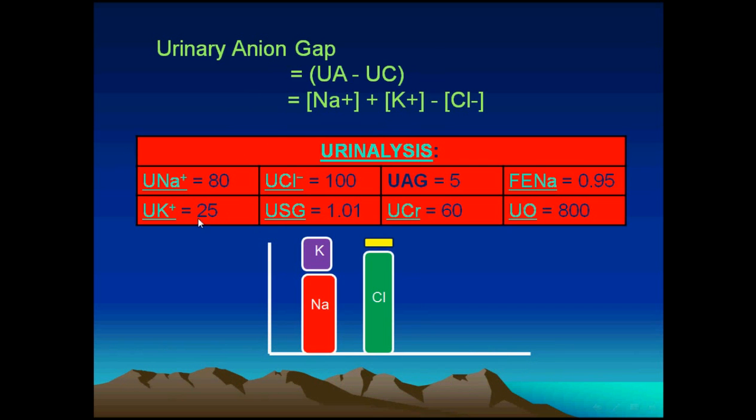Normally, the amount of sodium in urine is about 80 milliequivalents per liter, potassium is 25, and chloride is 100. So the difference between the two is nearly about 5 milliequivalents, plus or minus. This is a small number.